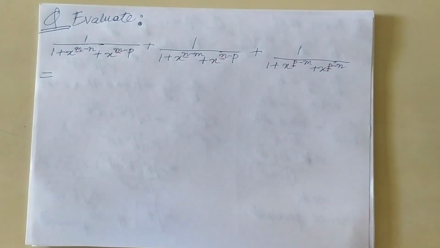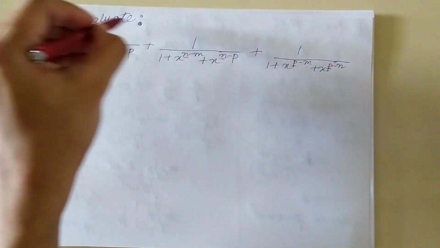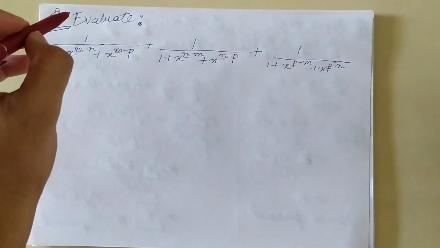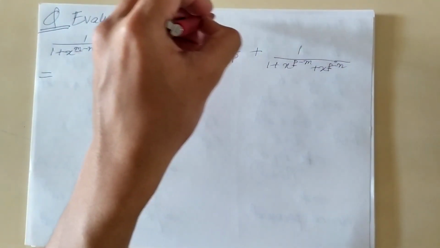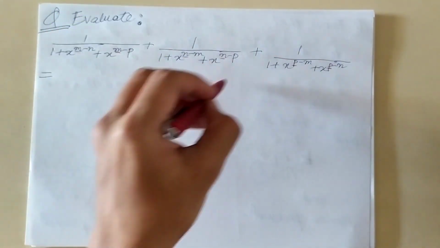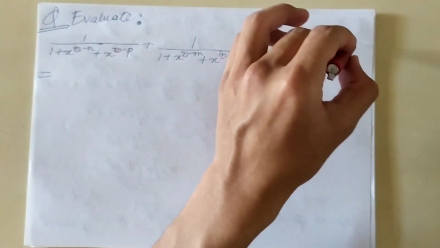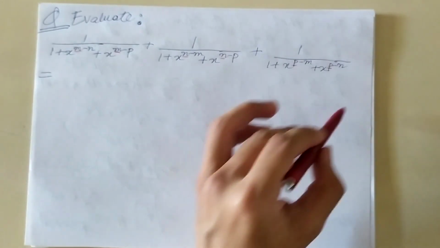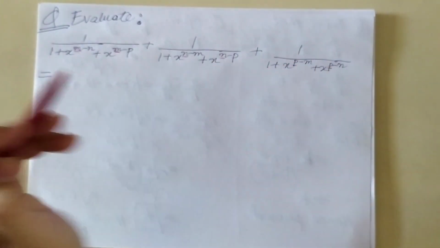So what I will do is multiply the numerator and denominator of the first term by x to the power minus m, so that both these m get cancelled out. Similarly, the second term by x to the power minus n, and again repeating the process, the numerator and denominator of the third term by x to the power minus p.